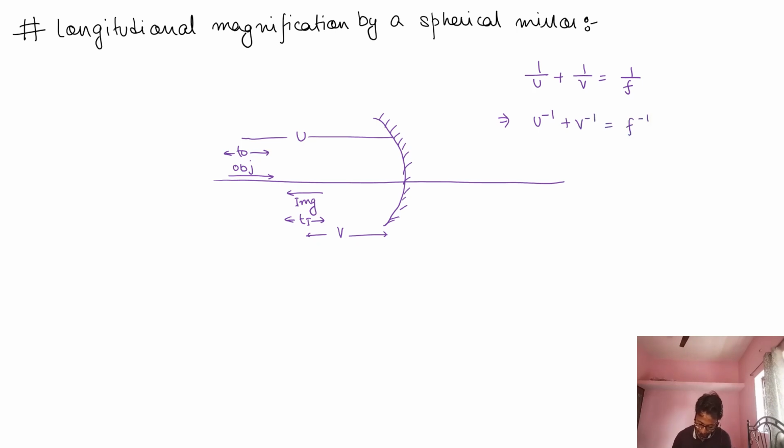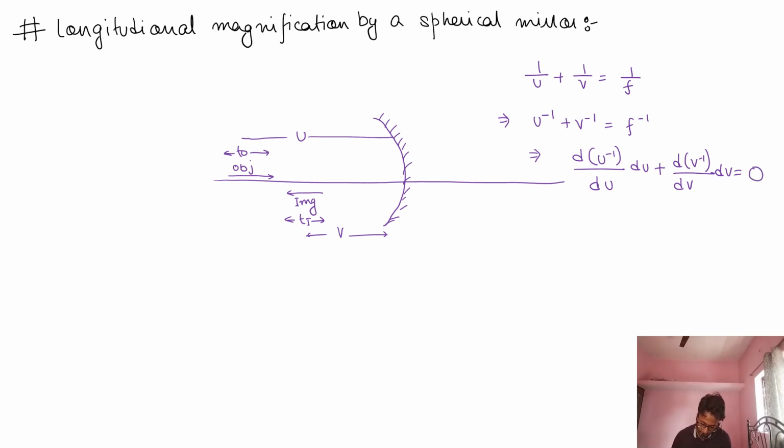I'm writing the same formula: d of u inverse by du into du plus d of v inverse by dv into dv is equal to d of f inverse. Here f is a constant, and the differentiation of any constant is equal to 0.